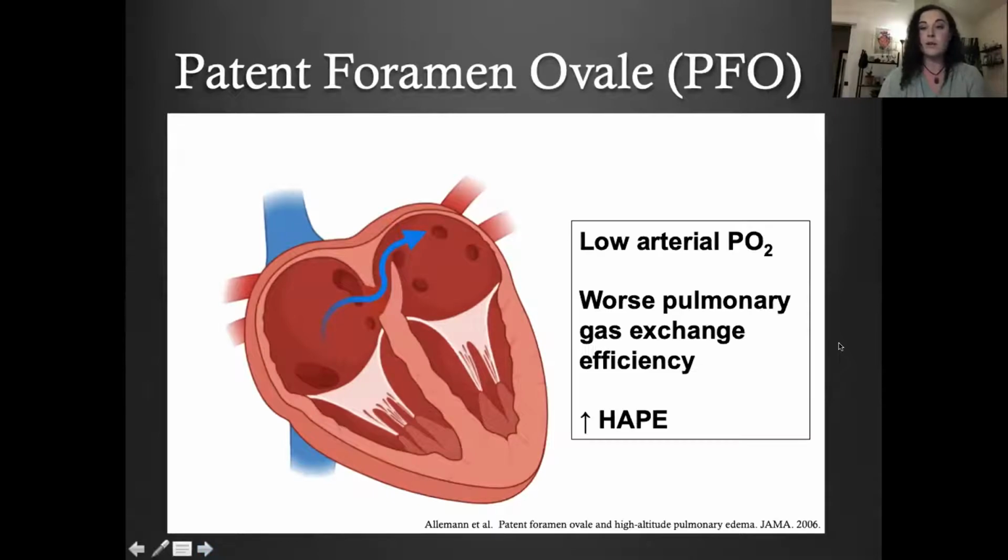Some of the consequences of having a PFO are having lower arterial partial pressures of oxygen, as well as worse pulmonary gas exchange efficiency. There have also been studies that have shown increased incidences of HAPE or high altitude pulmonary edema in those that have a PFO. HAPE becomes particularly important in the context of this study because those that develop HAPE are found to have exaggerated pulmonary pressure responses to altitude.